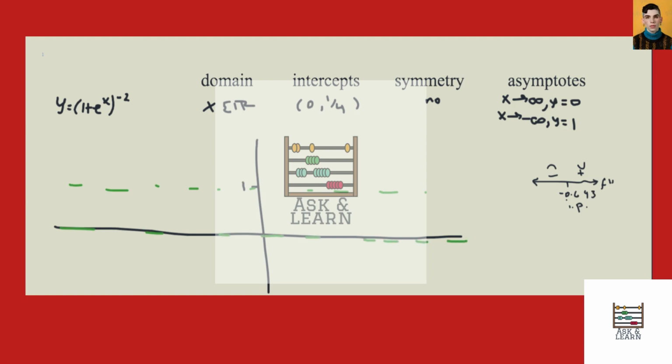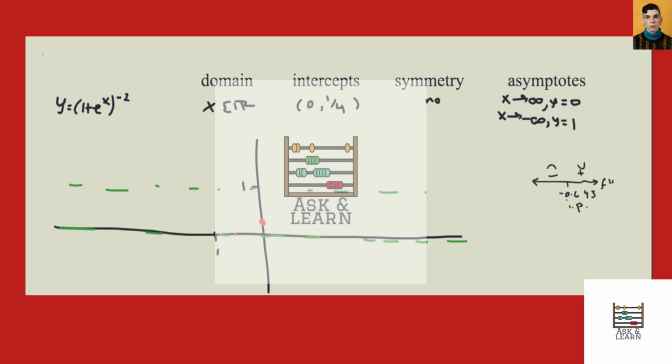We have an intercept at (0, 1/4). We have an inflection point at about negative 0.693, so that's about here. If this is 1, it would be somewhere around here. So this is where our inflection point would be, the x value of it.